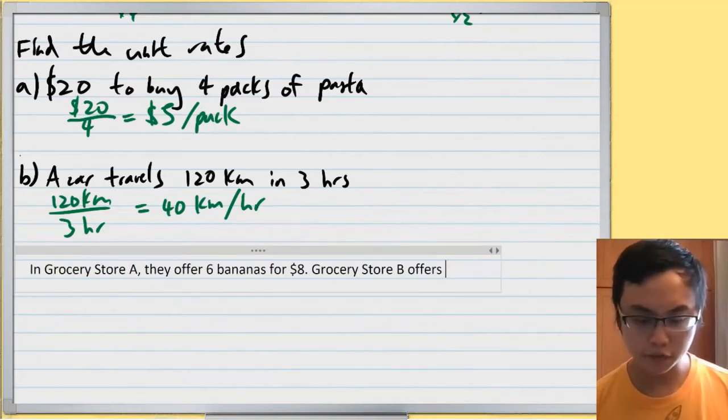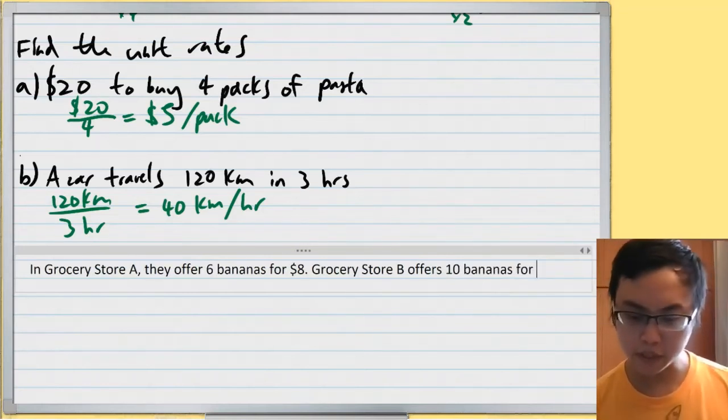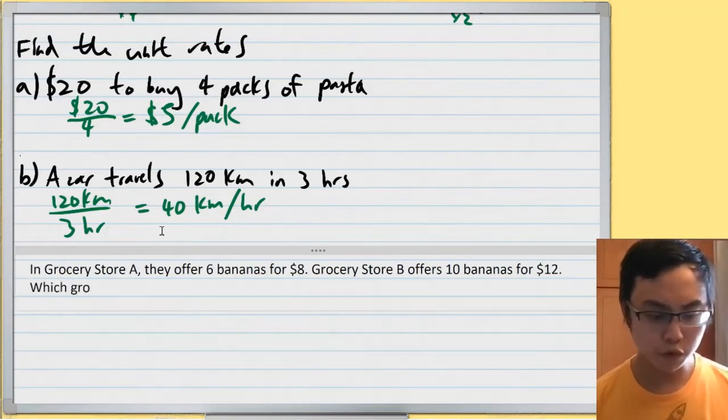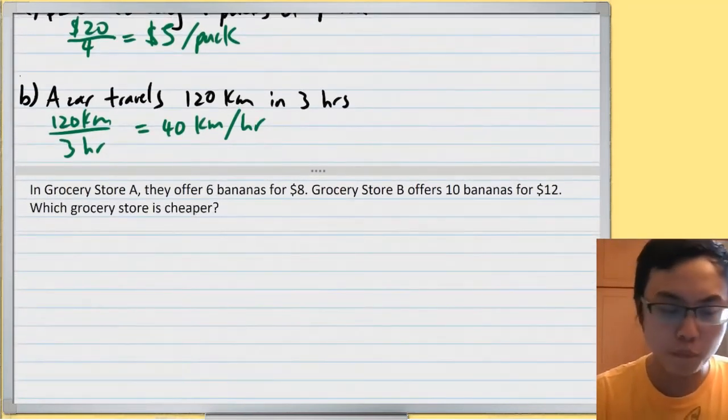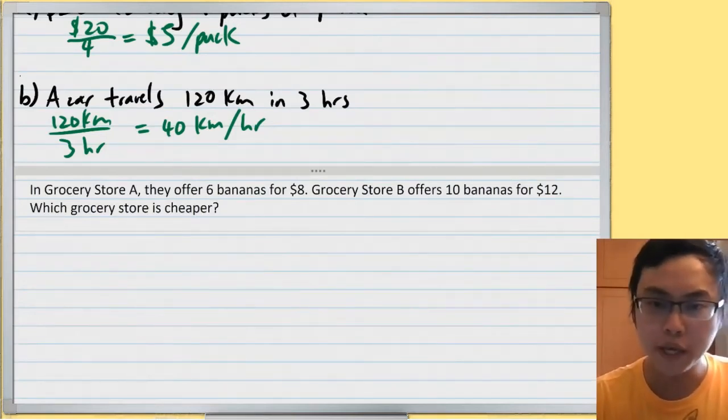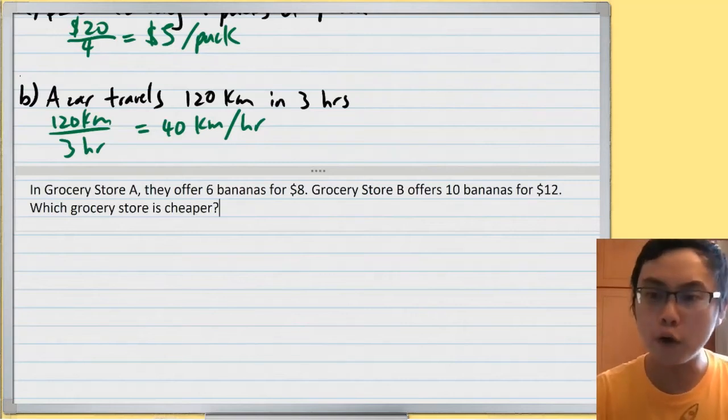Instead of 6, let's do 10 bananas for, and let's say this time it is $12. And so, which grocery store is cheaper? And so this time, we want to find the unit rate for both of these items. You want to find the unit rate for store A and the unit rate for store B, and then you want to compare both of these rates.